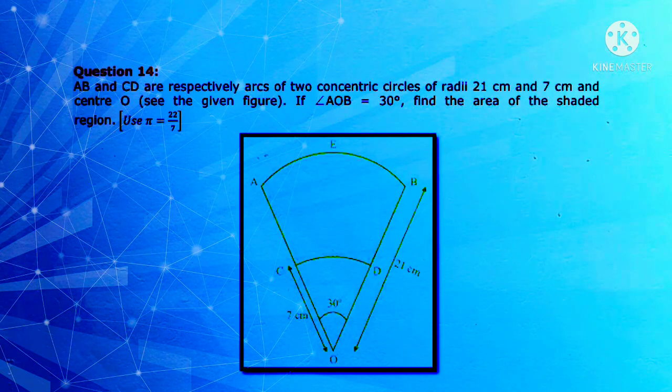Now after 13, if you see the next question, question number 14, and the question is given here in this way: AB and CD are respectively arcs of two concentric circles of radii 21 centimeter and 7 centimeter and center O. If angle AOB equal to 30 degree, find the area of the shaded region.